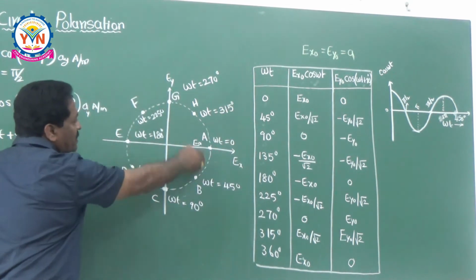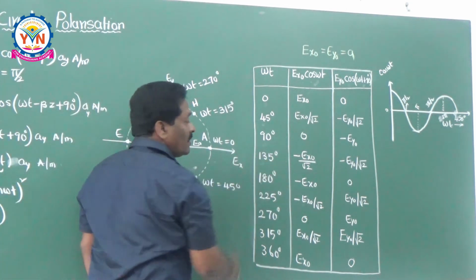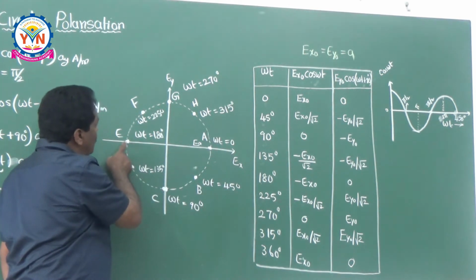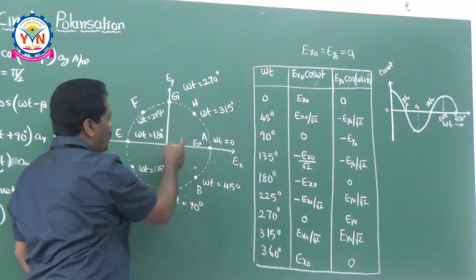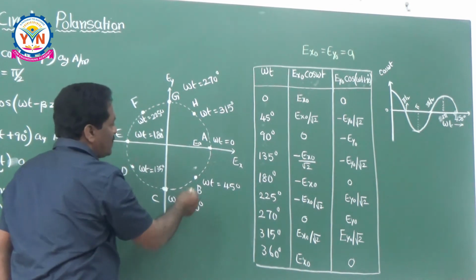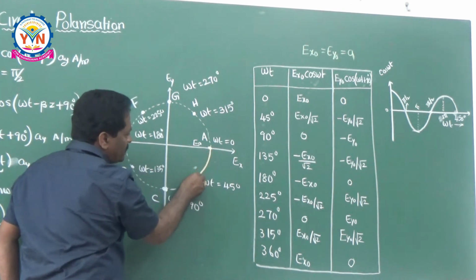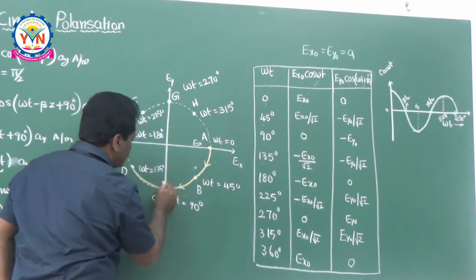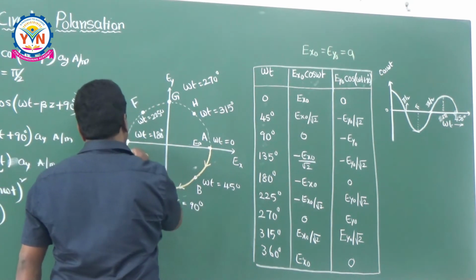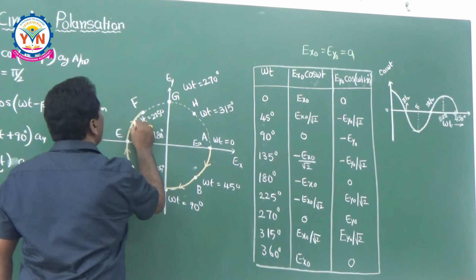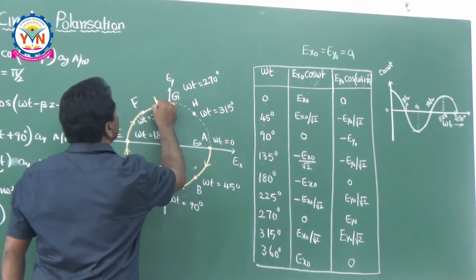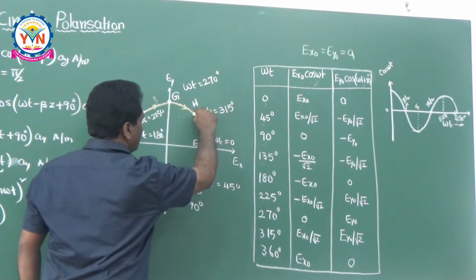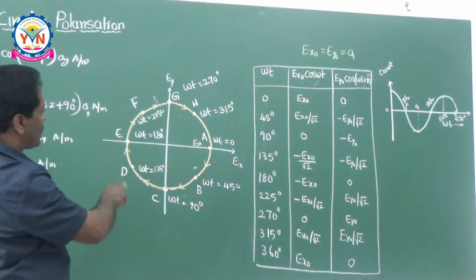Now whenever I am drawing this circle by using these values, my journey is always from A to B, B to C, C to D, D to E, E to F, F to G, G to H, and H to A. So this is a circle.